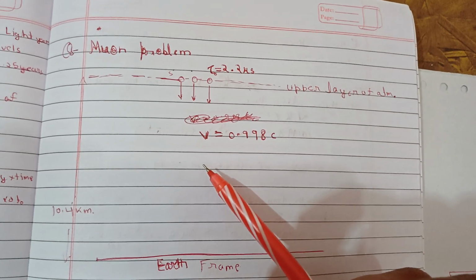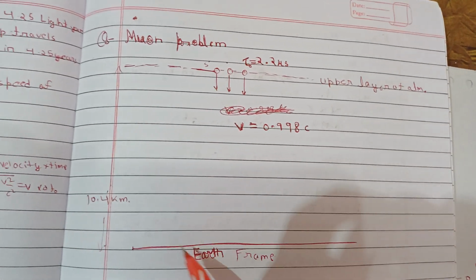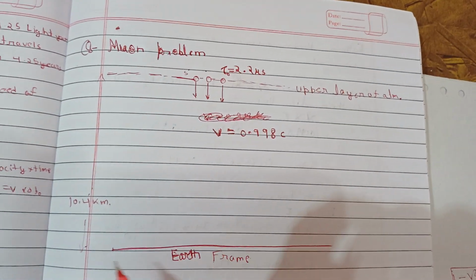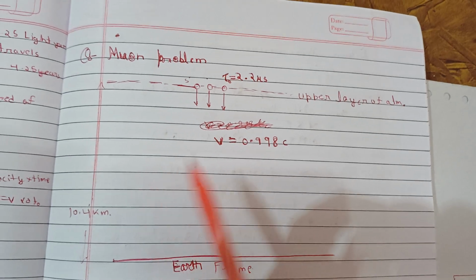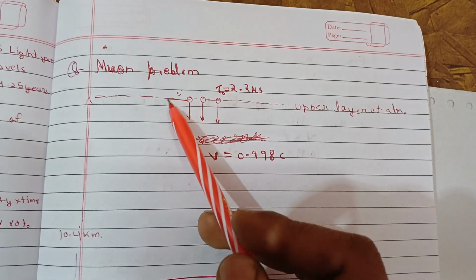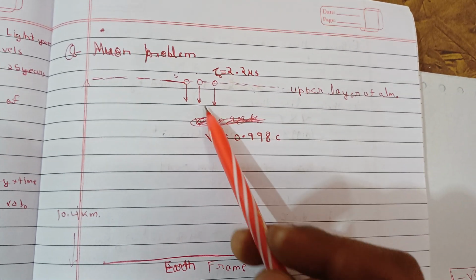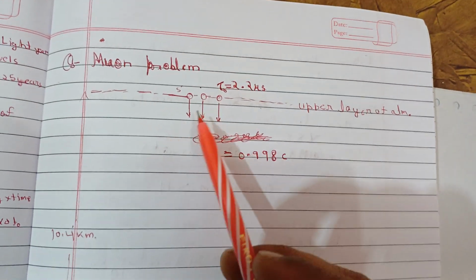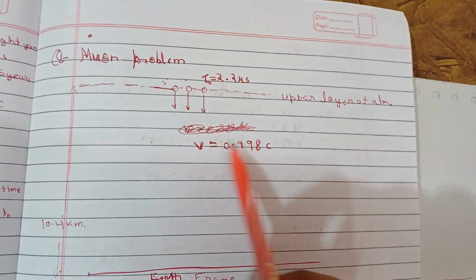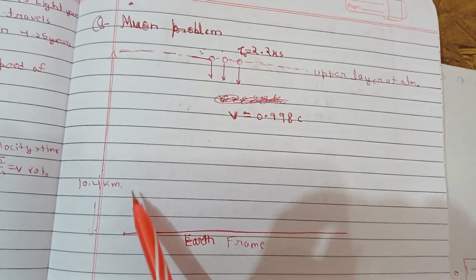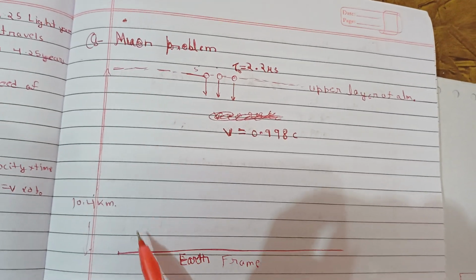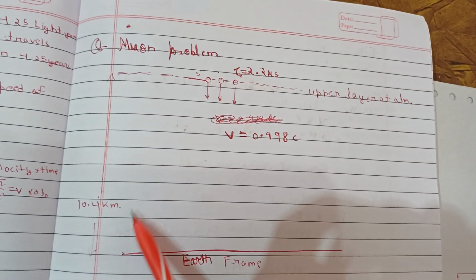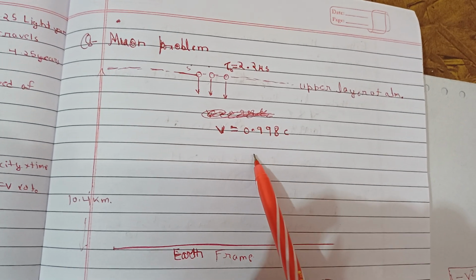We have two frames here. One is the earth frame, with this whole system and this distance in the earth frame, and there is one more frame which is set on the muons, the frame according to the muons. The muons are moving with this speed, so they will observe this length as a contracted length, which is L naught root 1 minus v square by c square.